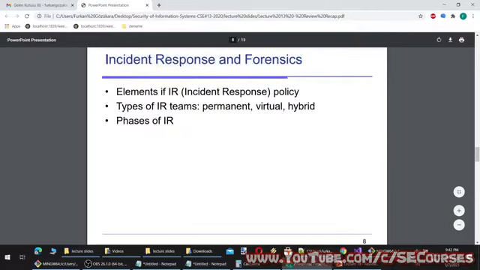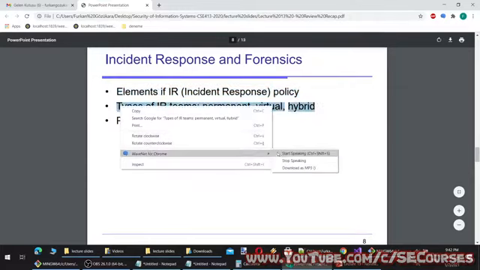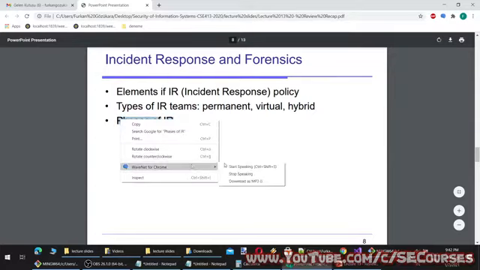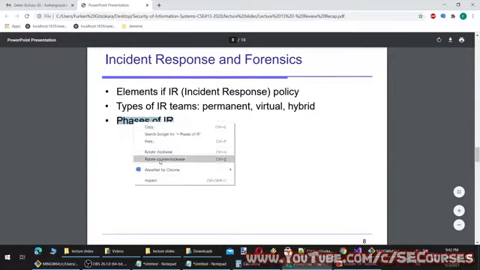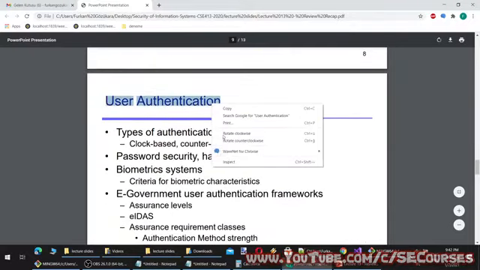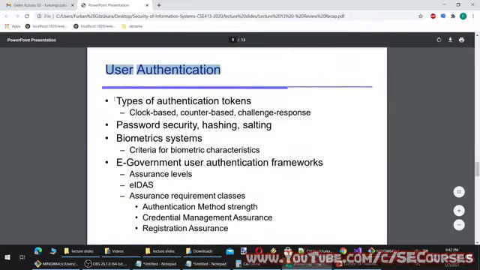Incident response and forensics. Elements of an IR incident response policy. Types of IR teams: permanent, virtual, hybrid. Phases of IR. User authentication.